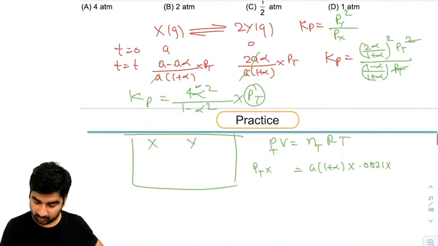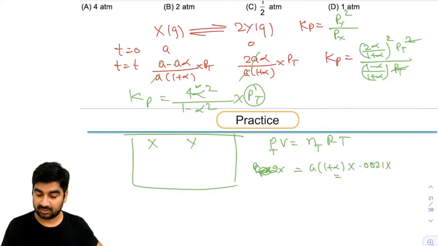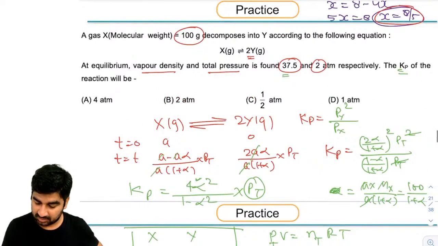P total is given, so alpha you can determine. How can you determine alpha? A into molar mass of X over A into 1 plus alpha. The molar mass of X was 100, over 1 plus alpha. Now M average is 2 into 37.5.